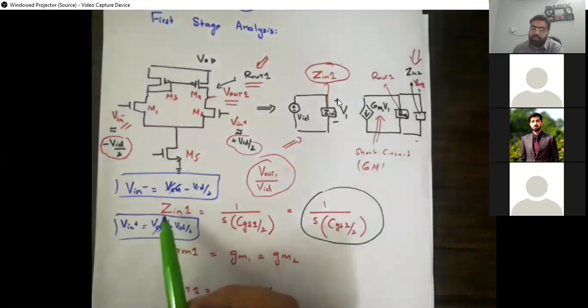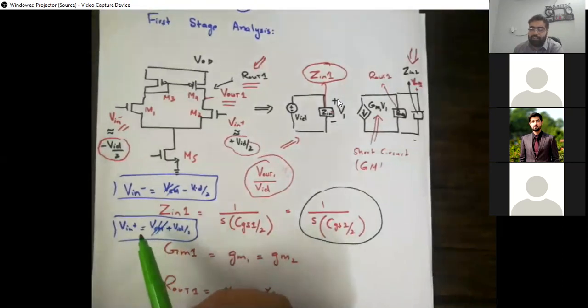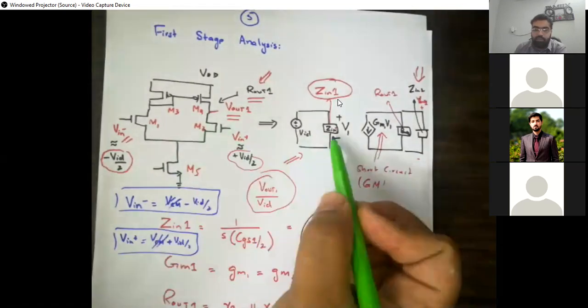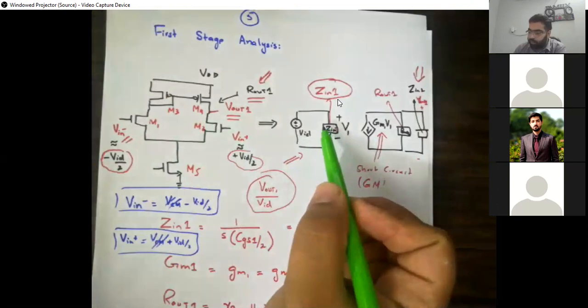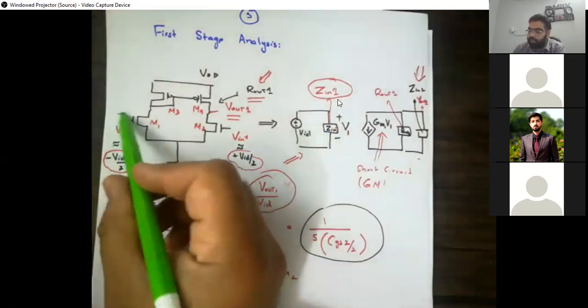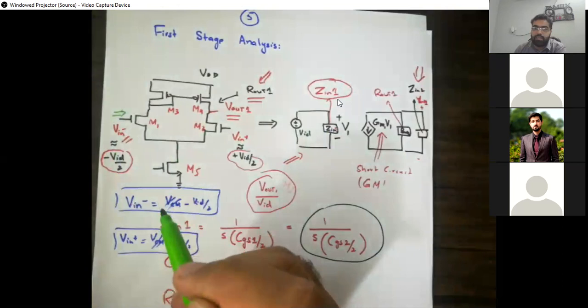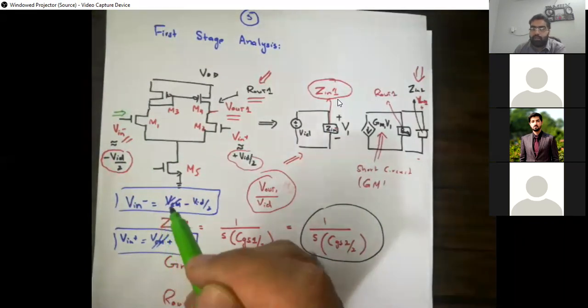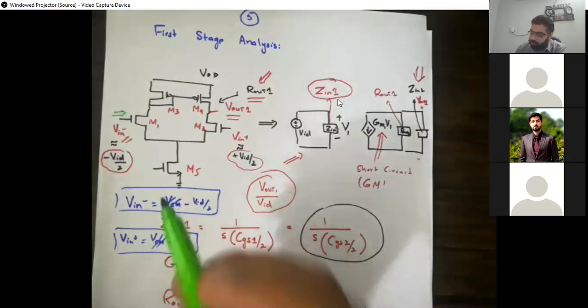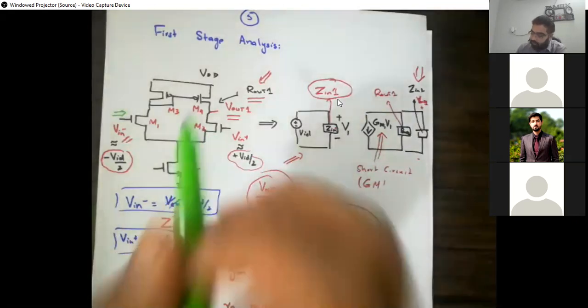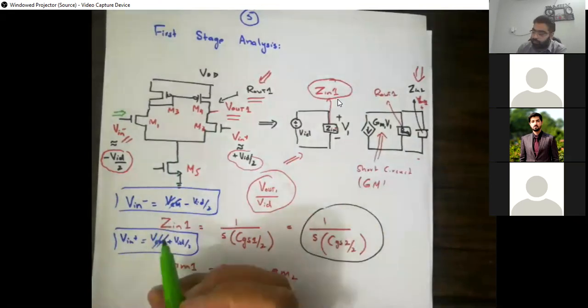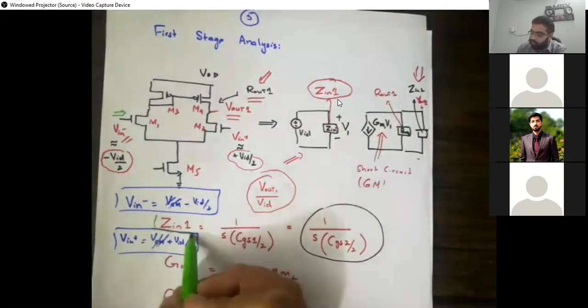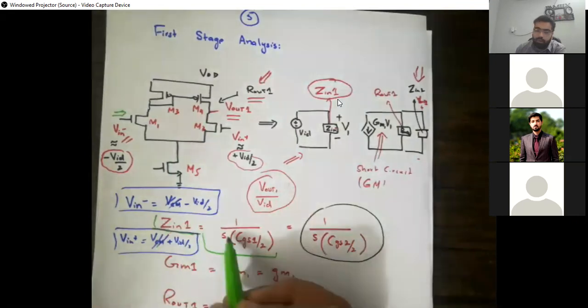Let me just use a different color. So now the first thing is that if we just talk about the DC gain कि हम frequency को 0 assume करें, then definitely the input impedance क्या होगी? Zn1 will be infinite. ठीक है? क्योंकि ये उसके gate पे apply हो रही है and the input impedance is going to be infinite. But since we are also interested in the poles and the frequency response, so that's why we are also going to bring about the capacitor. We will just derive in a couple of minutes that तो आपके पास Zn1 होगा, that will come out to be 1 over S CGS1 by 2.